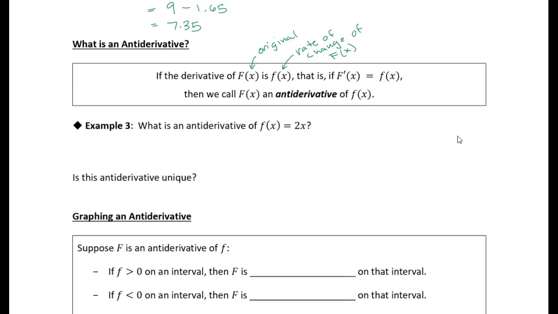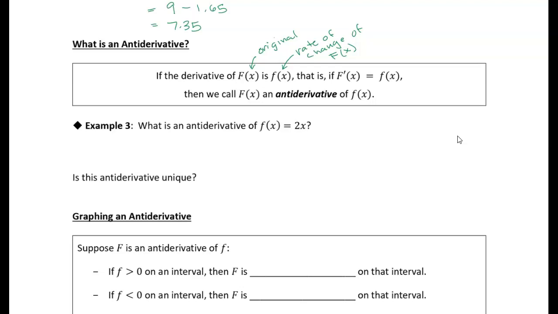So capital F prime is equal to lowercase f of x. Then we call capital F the antiderivative of lowercase f. We're just asking what function has the derivative of this lowercase f of x. So we're given a derivative and we want to find the original function, and that original function is called the antiderivative.